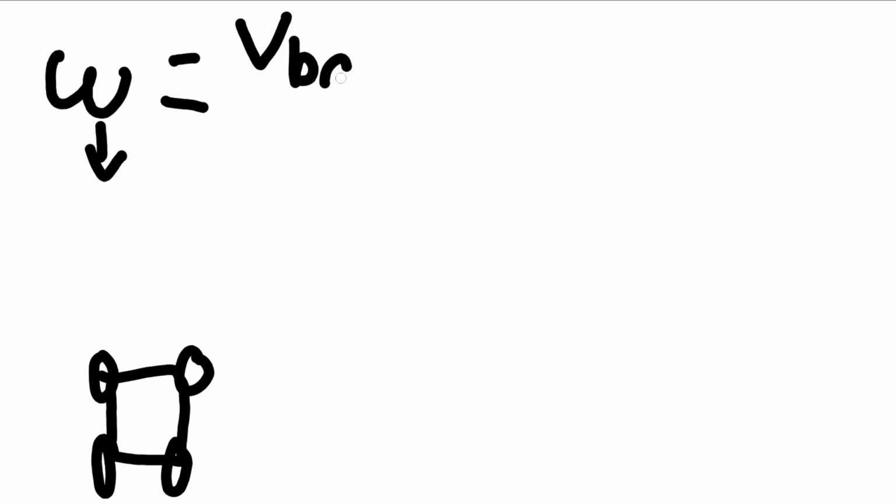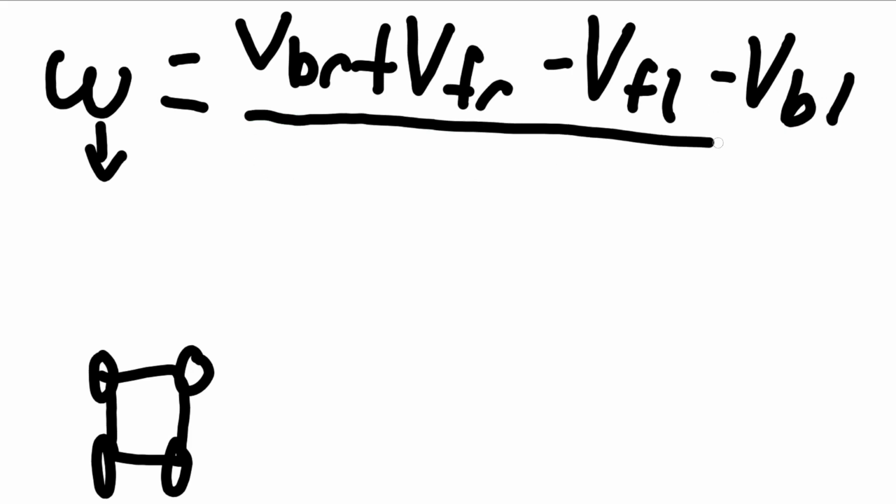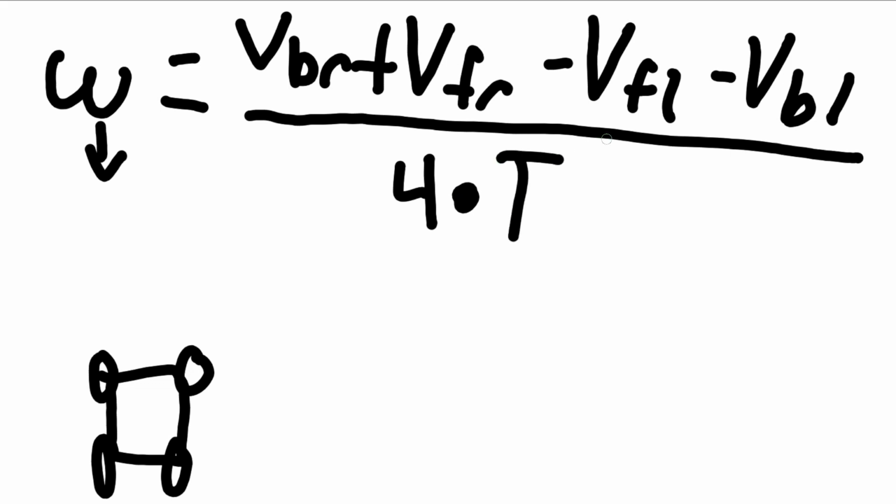So the velocity of back right plus the velocity of front right minus the velocity of front left minus the velocity of back left. And so we're going to take all of these and do that divided by 4 times t, my bad.